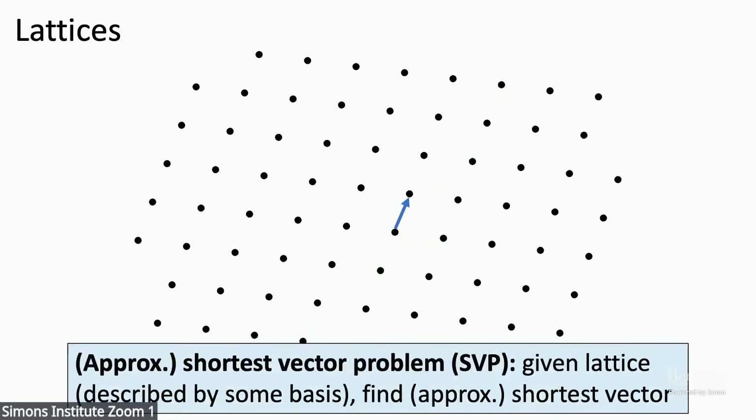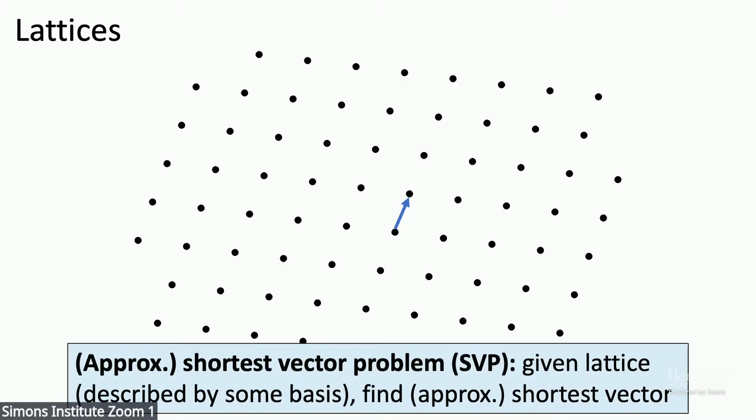And what are the hard problems that we care about on lattices? Well, one is the shortest vector problem, or for crypto, we really care about an approximate version. Even though a lattice is an infinite object, you can describe it succinctly by a basis. So if I give you a basis for a lattice, your goal is to find the shortest vector, or something that's not too long in the approximate case.